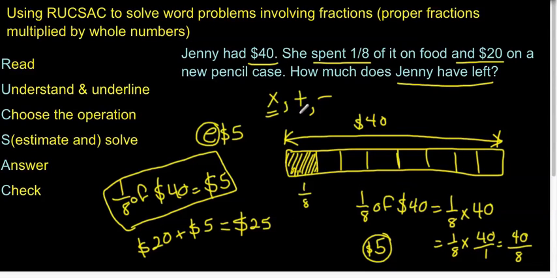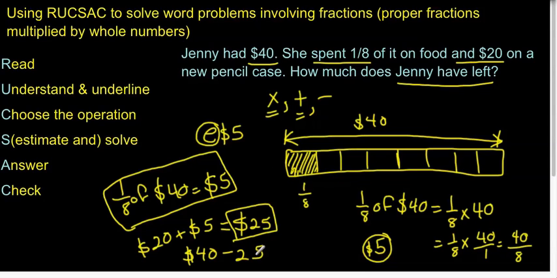So that's our addition looked after. And now we need to work out how much she has left. We started with 40, so write 40 here. Subtract this amount here, which is the total that she has spent. Subtract 25.